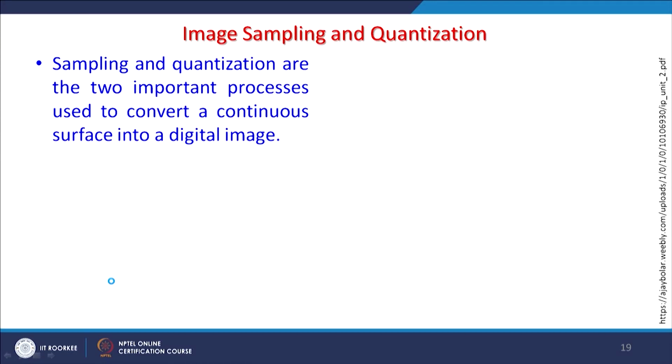So, sampling and quantization are the two important processes used to convert a continuous surface into a digital image. Quantization means assigning the number of bits per pixel, and sampling indirectly controls your spatial resolution.